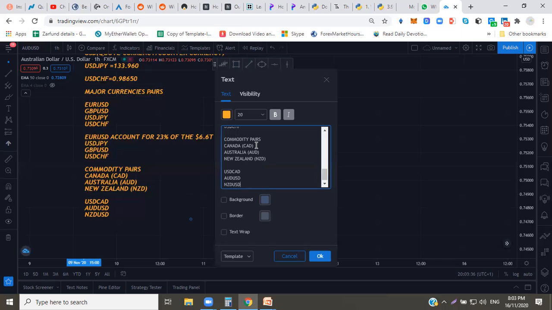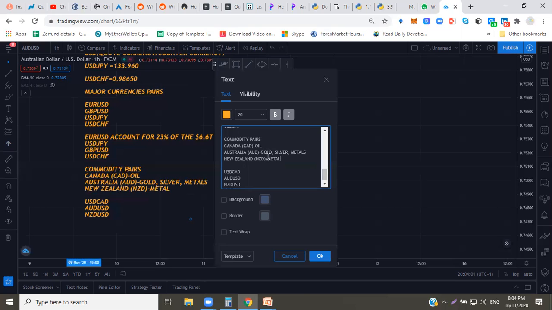Australia is gold. In fact, metals, not just gold: gold, silver, metals.